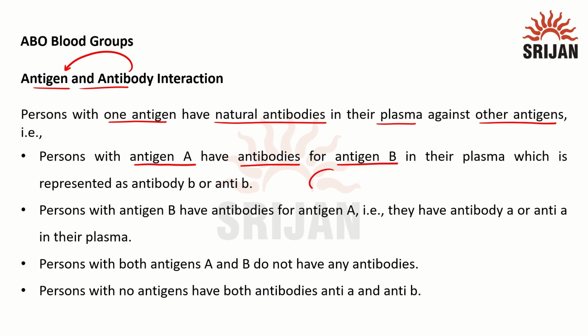So we can tell the RBC has antigen A on it, whereas the blood plasma will have antibodies for antigen B. Now the person who has antigen B, that is a blood group B person, will have the antibodies for antigen A. So they have antibody A or anti-A in their plasma.